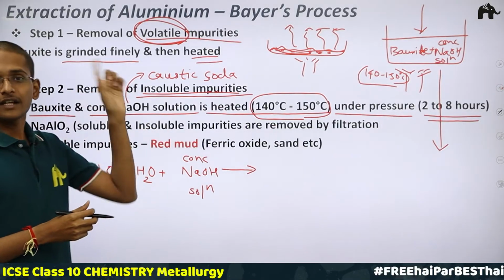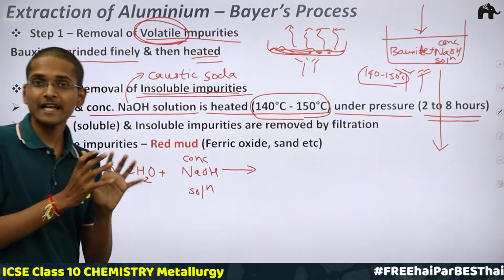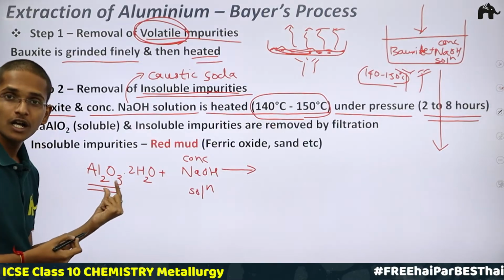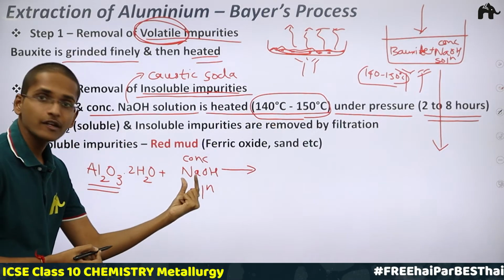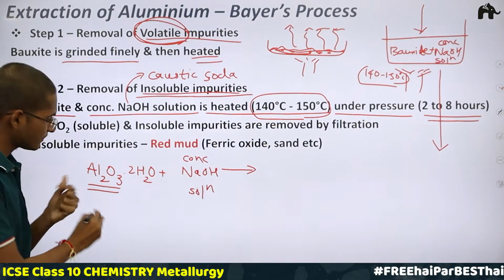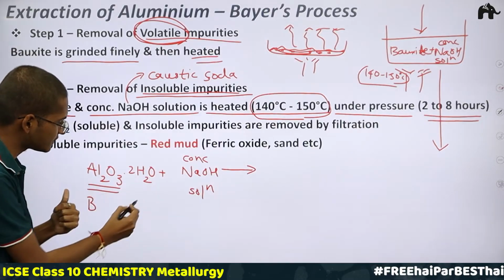There we have studied the example of such amphoteric oxides as aluminium oxide. In the bauxite, you can see this is aluminium oxide, so that's why it would react with NaOH. It is a metal oxide, and metal oxides are basic in nature, so its tendency would be to react with acids.